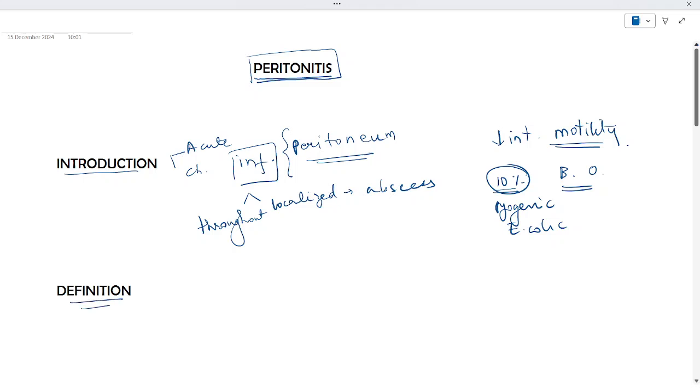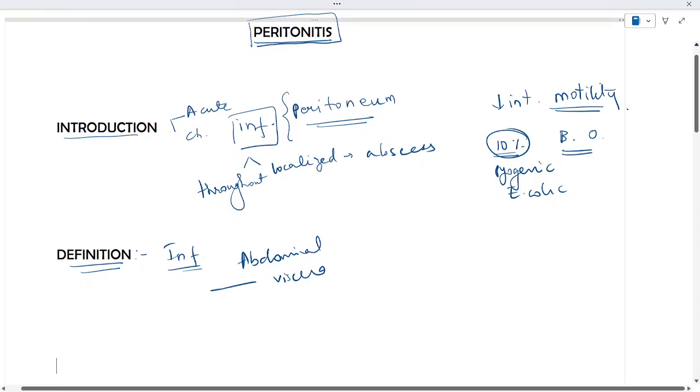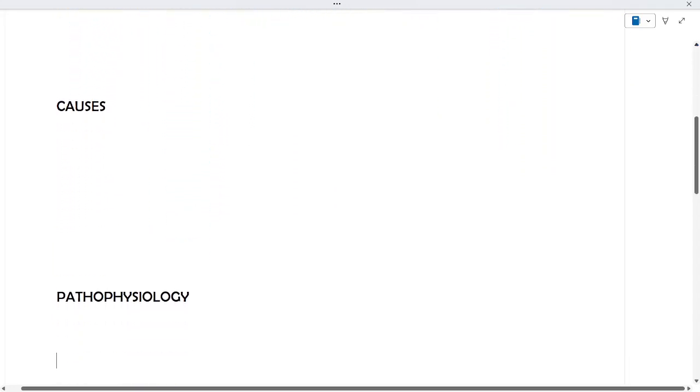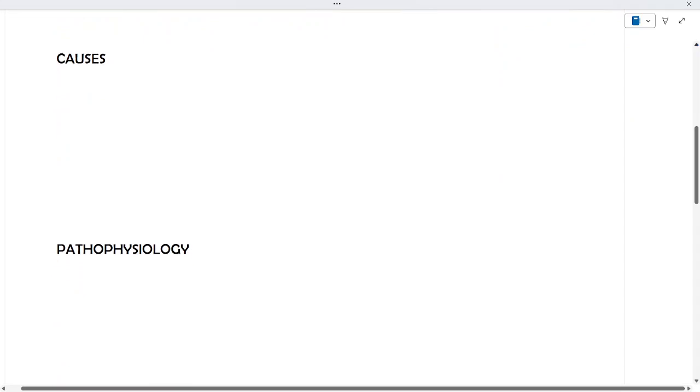If we see the word-to-word definition, it is the inflammation of the peritoneum, that is the serous membrane that lines the abdominal cavity and the viscera. So once again, inflammation of the peritoneum, the serous membrane lining the abdominal cavity and the viscera. Next is causes.